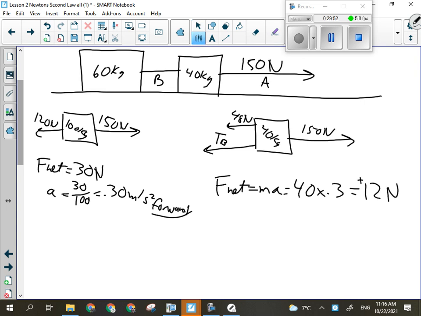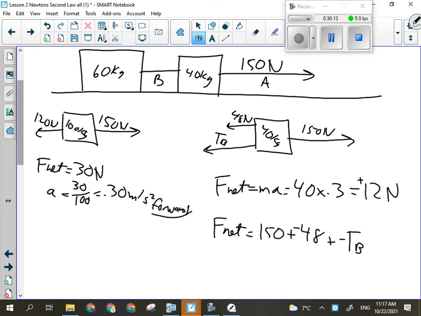And the other way to calculate F net is the vector sum of all forces. So that'll be 150, the force forward, plus 48 newtons, but negative because it's backwards, plus negative tension in B, which is the thing I'm being asked to find.